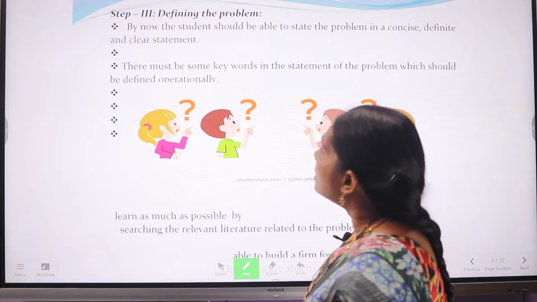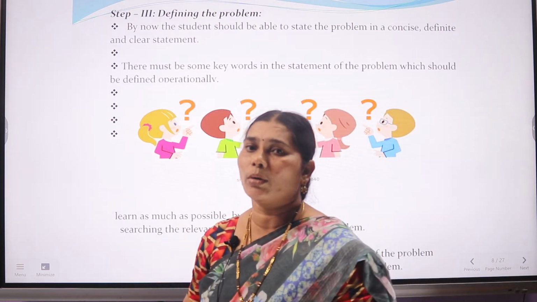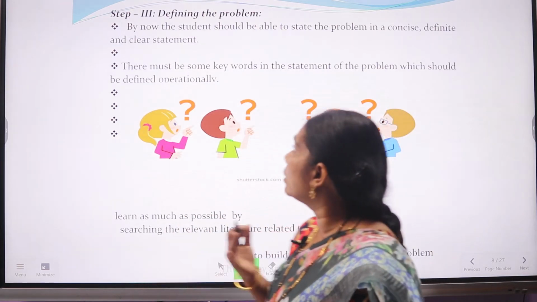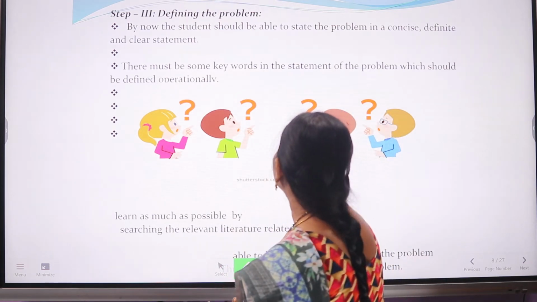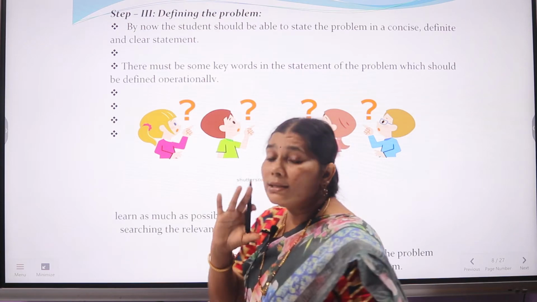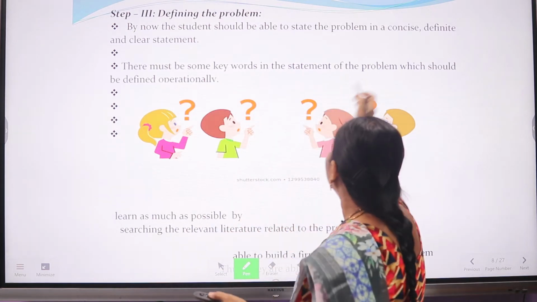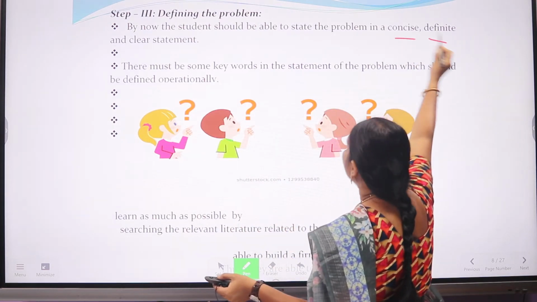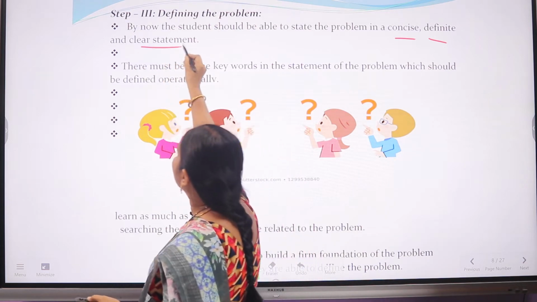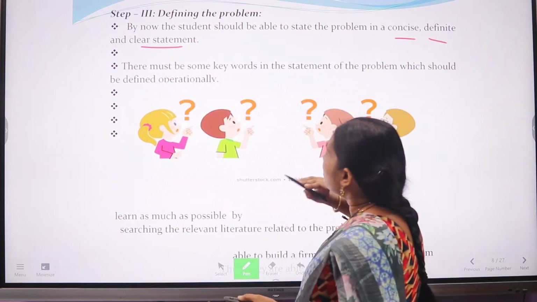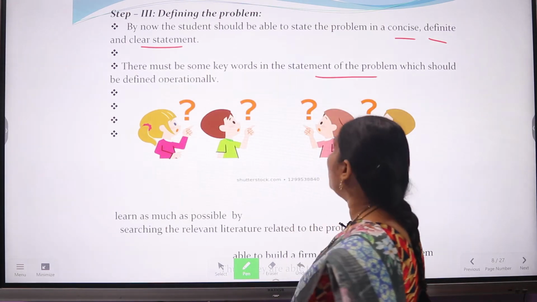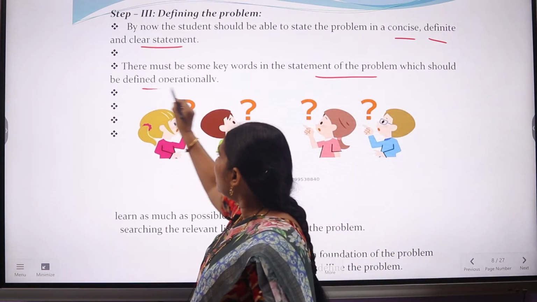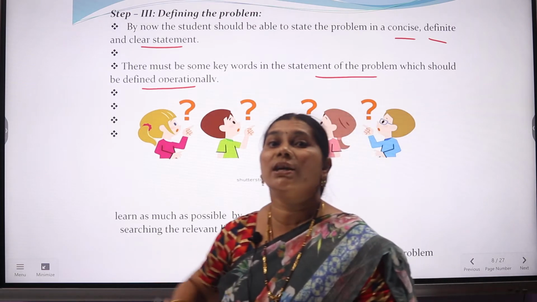Now coming to the third step, after identifying the problem, we define the problem. The student should be able to state the problem in a concise, defined and clear statement. There must be some key words in the statement of the problem which should be defined operationally.